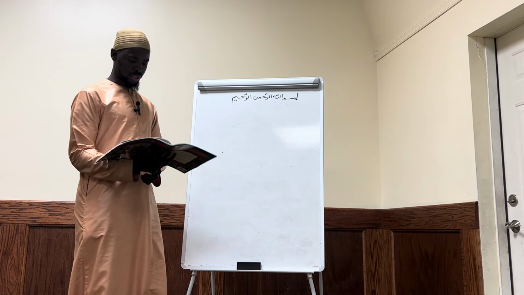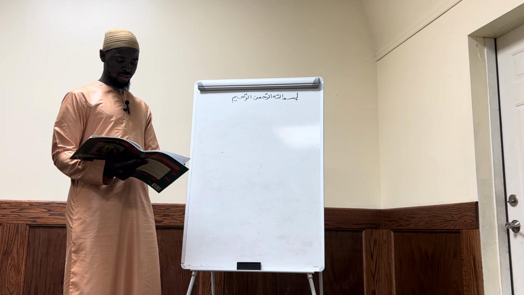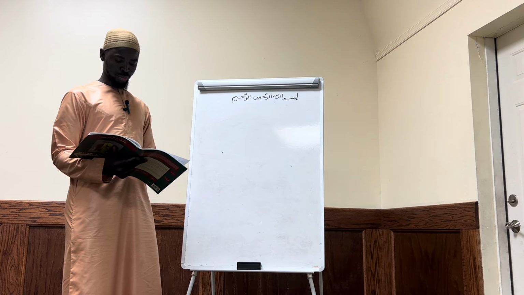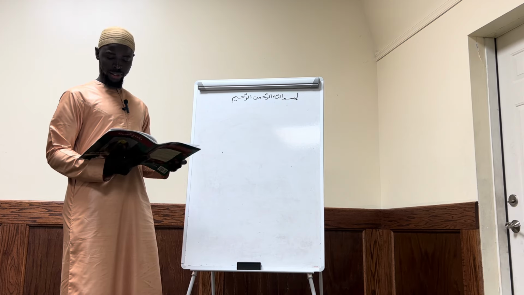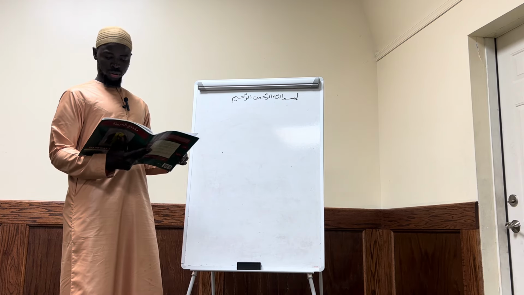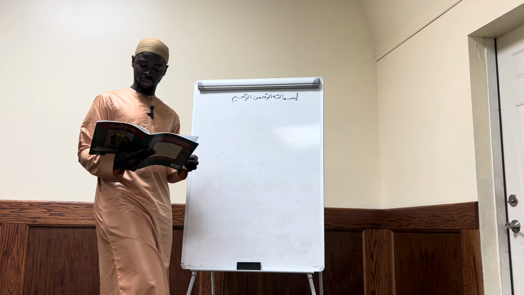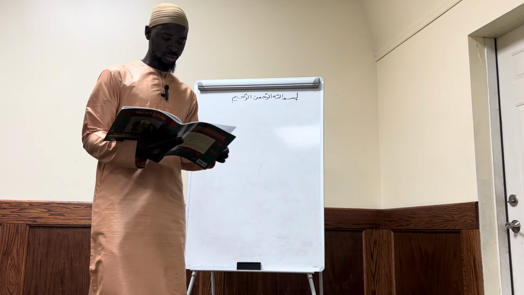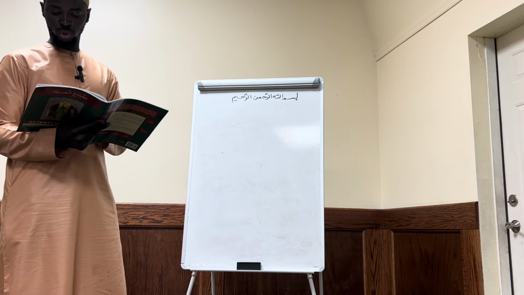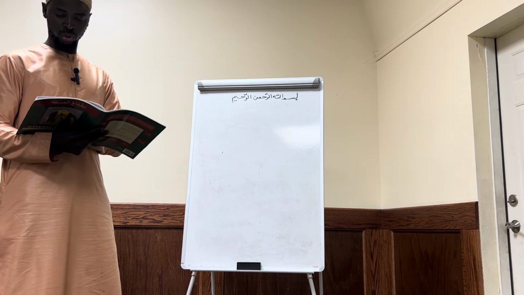If we look at the book, every ya has the dot but no vowel. The alif also: the letter before them has the vowel, but they don't have a vowel on top of them. You understand? And the wa is the same thing. Wa also doesn't have any vowel on top of it.